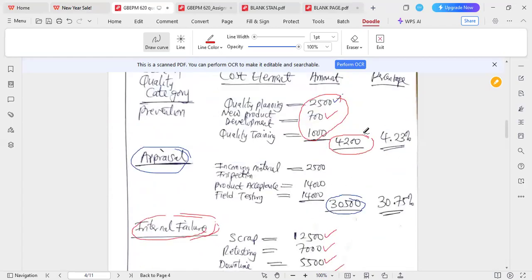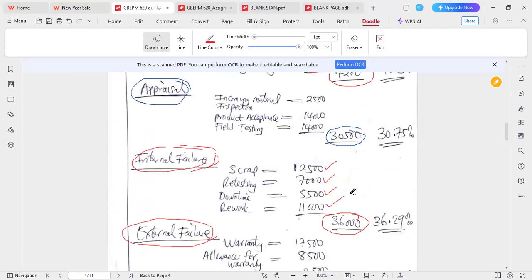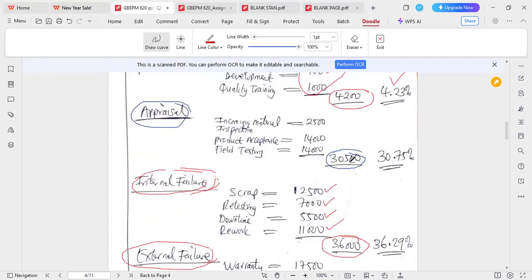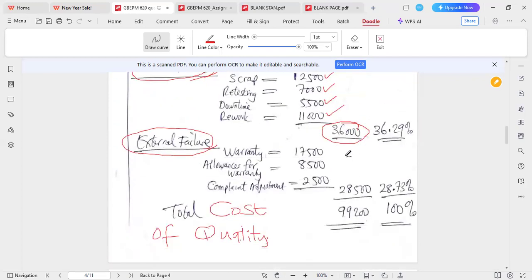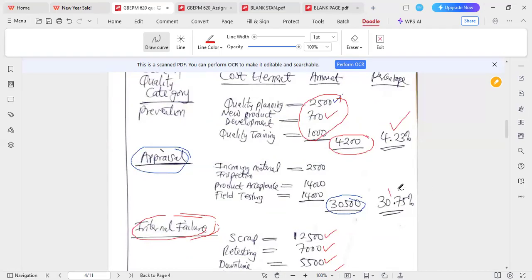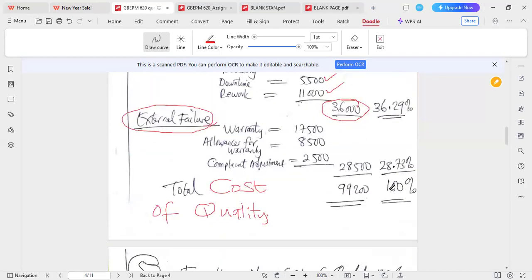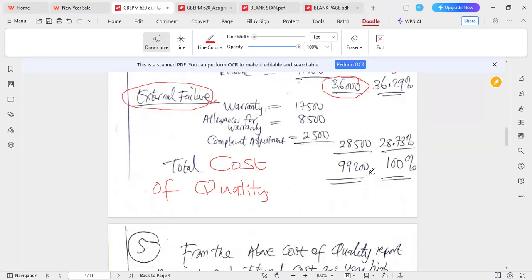Now, here, the percentage is 4,200 divided by 99,200, which is 4.23. 30,500 divided by 99,200 is 30.75. 36,000 divided by 99,200 is 36.29. 28,500 divided by 99,200, 28.7. The total comes to 100.